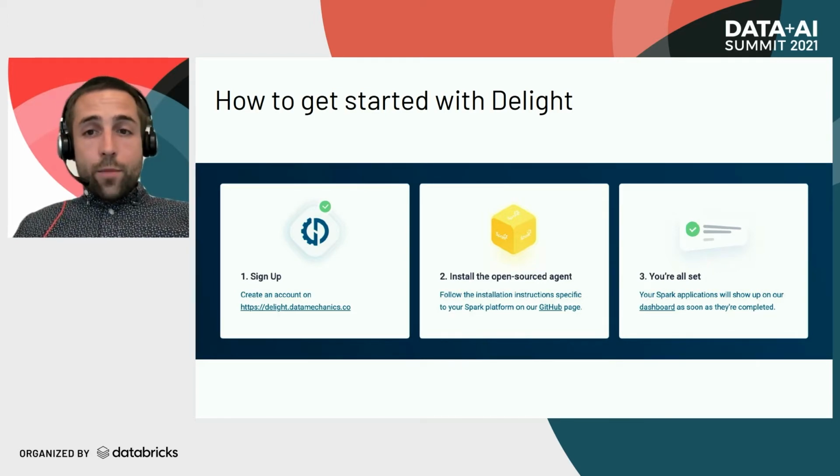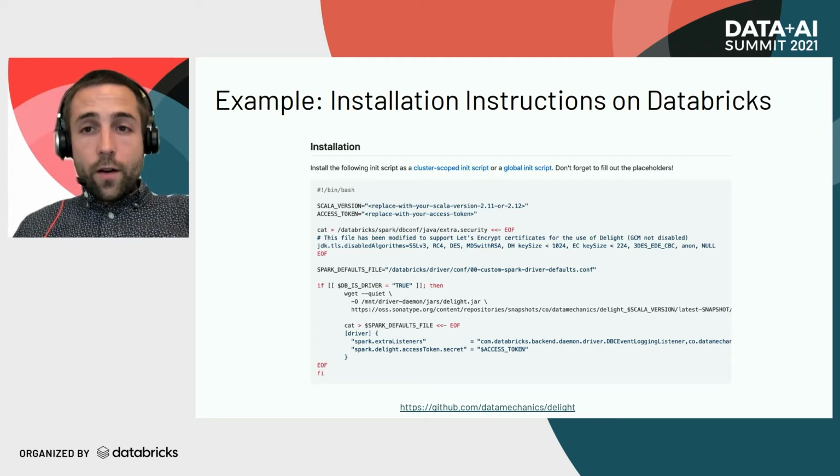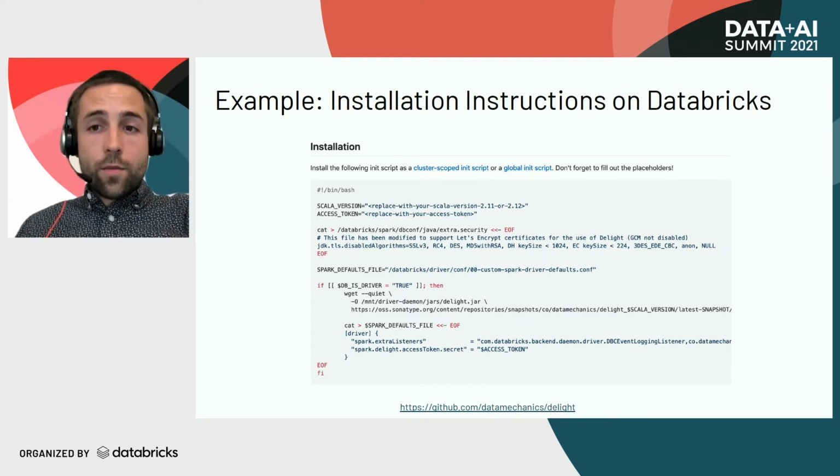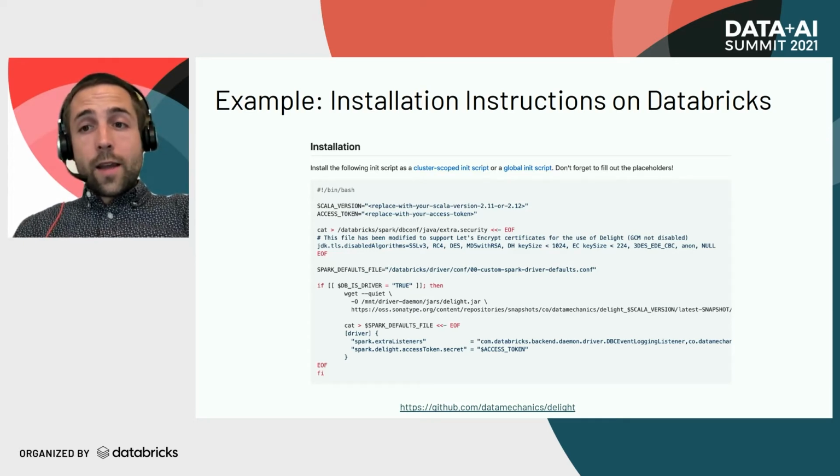Maybe to give you an example, let me show you how to install Delight on top of Databricks. You can do this through an init script, and this init script just installs this open source jar on the Spark driver, and it also inserts the access token that we created earlier. So you just basically define this init script, and then all your Databricks applications will automatically be visible in Delight.